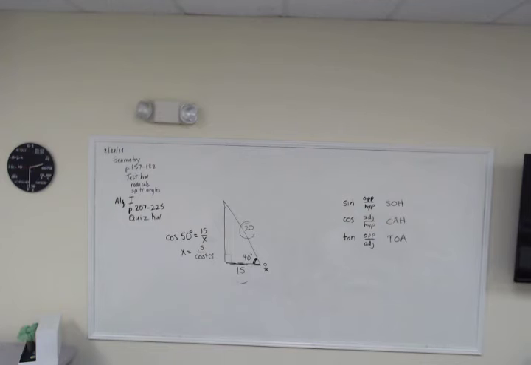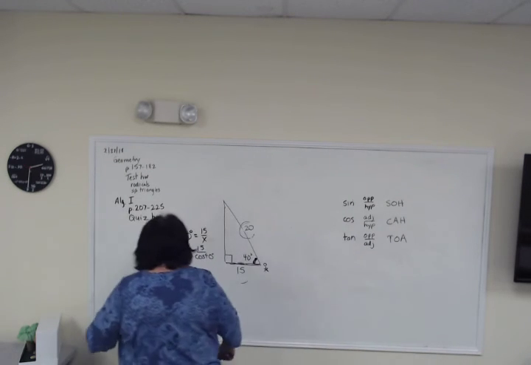Slow down. Divided by cosine of 40. Clear it. 15 divided by cosine. Way to participate. That's an old image, so you have to do it by cosine.